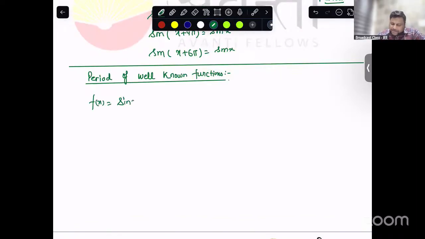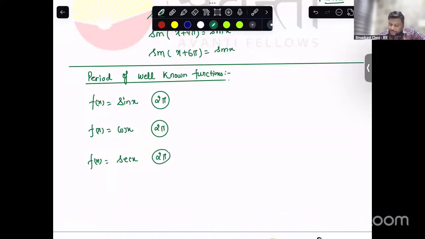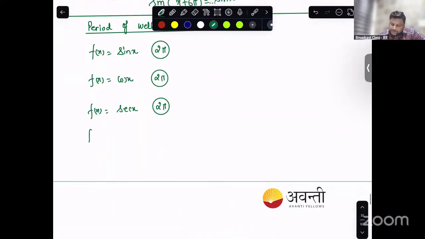Can somebody tell me the period of this function? 2 pi. Then f(x) equals cos x, also periodic with period 2 pi. f(x) equals sec x, also periodic with period 2 pi. f(x) equals cosec x, periodic with period 2 pi.